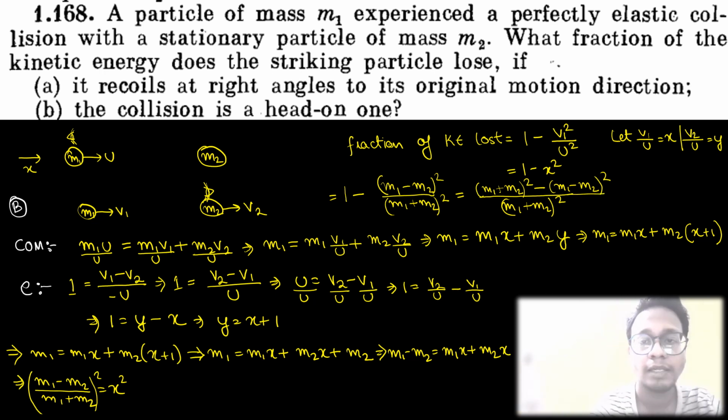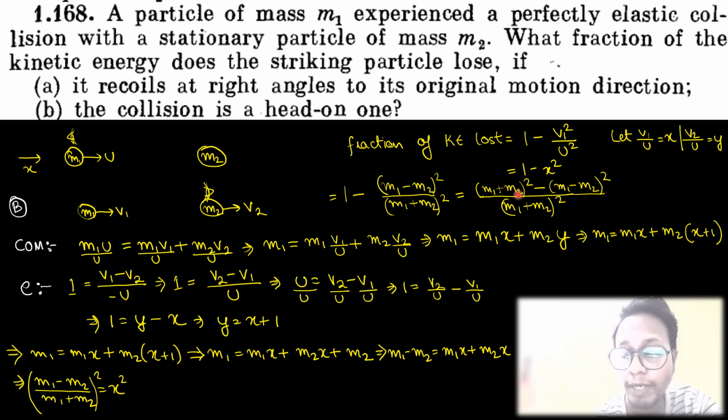Now when you open up these brackets, a plus b whole square is a square plus b square plus 2ab, and a minus b whole square is a square plus b square minus 2ab. So if you subtract, this m1 square and minus m1 square would get cancelled, and m2 square and minus m2 square would get cancelled. Out here 2 m1 m2 and out here minus 2 m1 m2, that minus multiplied by this minus becomes plus 2 m1 m2.